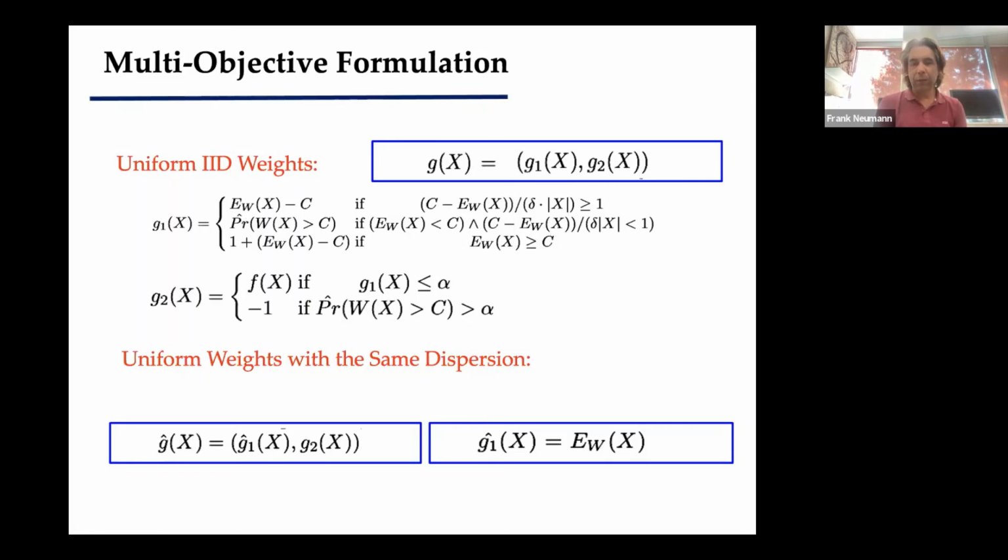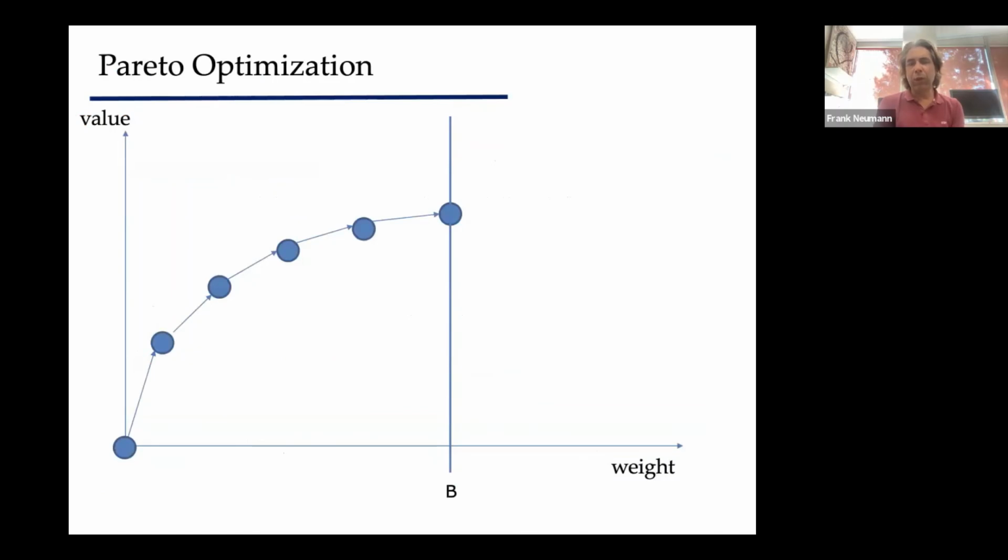Okay, so now what does happen here? Again, we have this Pareto optimal setting. So you have the weight or the cost on one axis and the value here. And what we said, well, if we have deterministic constraints, then essentially we can go up to that bound and we are okay. So for the chance constraints, the process essentially stops earlier.